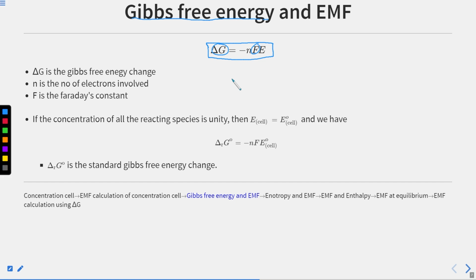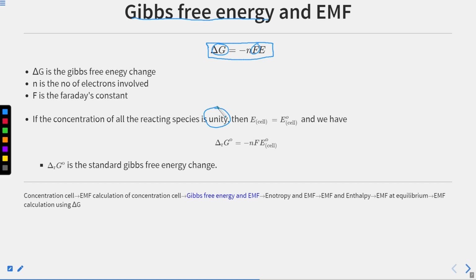Now, if all the concentrations are taken as unity, meaning all the salts we are considering as unity, basically I am trying to invoke the concept of standard electrode potential. So we are taking a unity concentration of the reacting species.